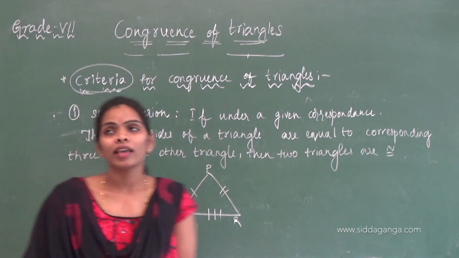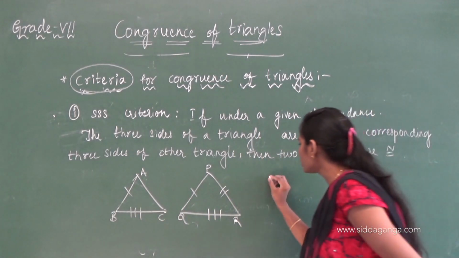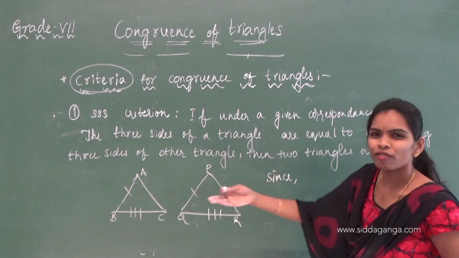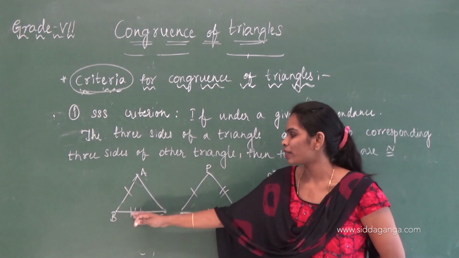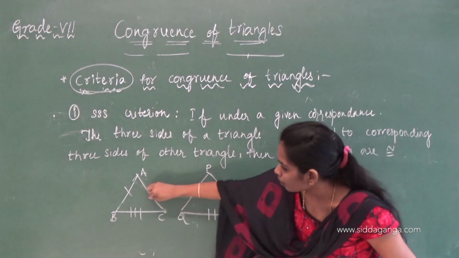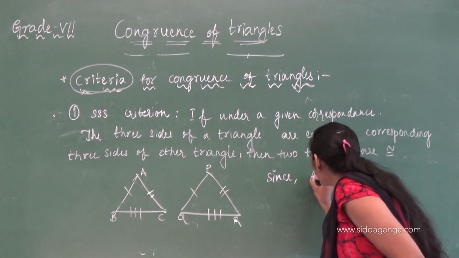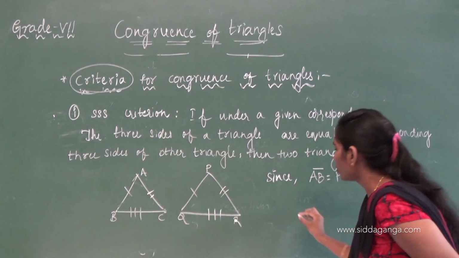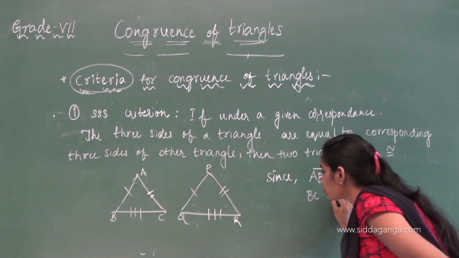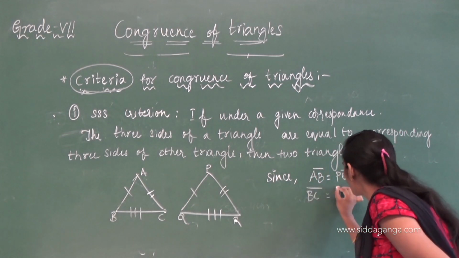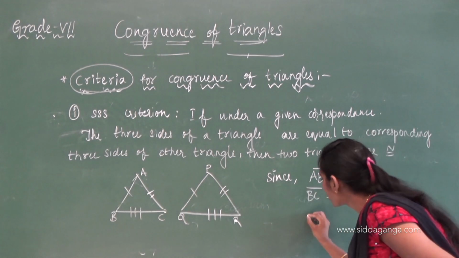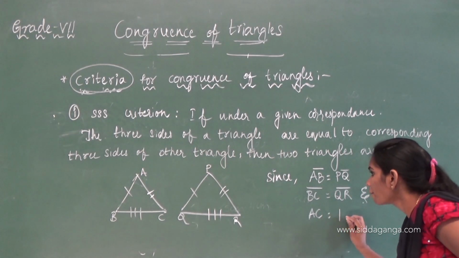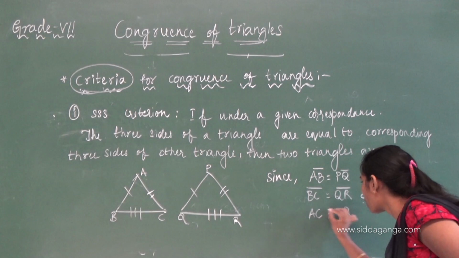How do we have to write it? If the question is placed like this, where they give the measurements, you have to mention and then write: AB is equal to PQ, BC is equal to QR, and AC is equal to PR.